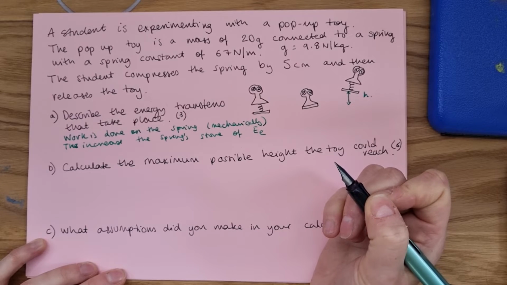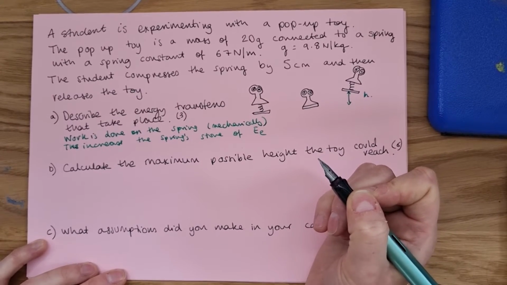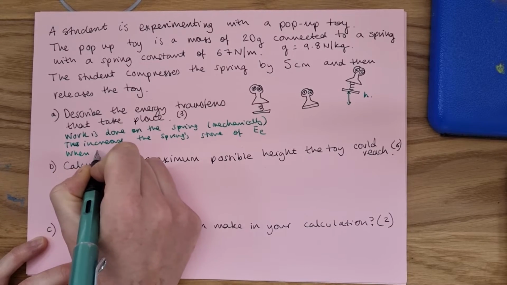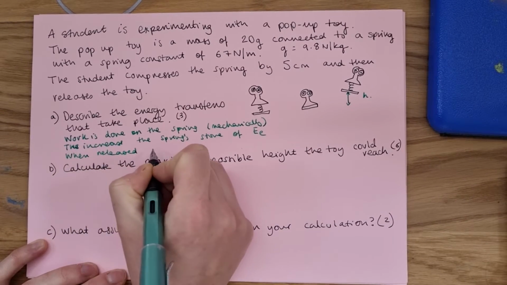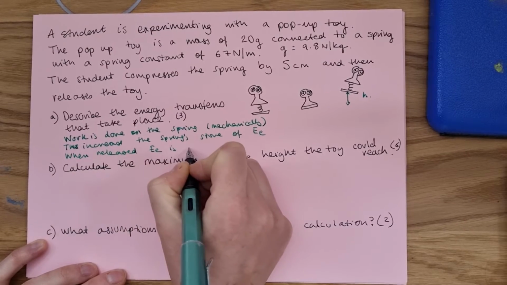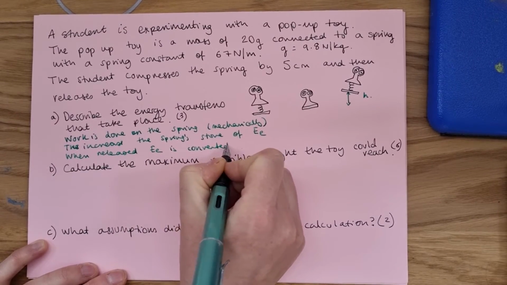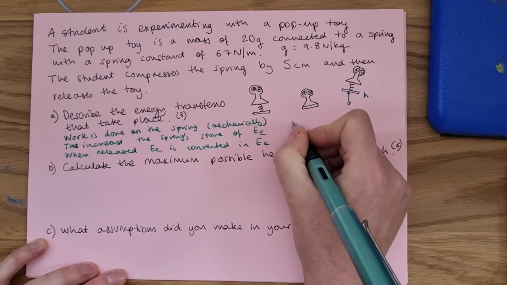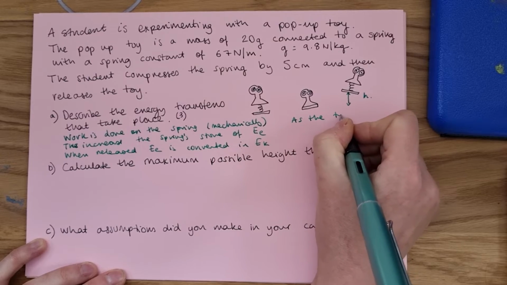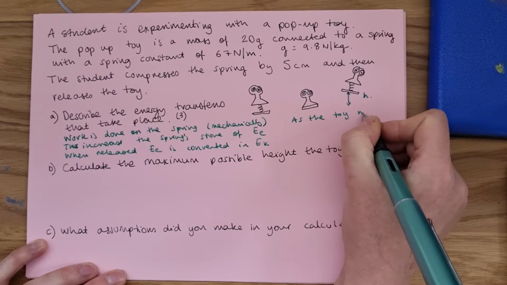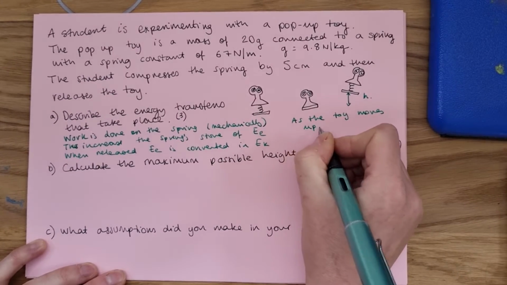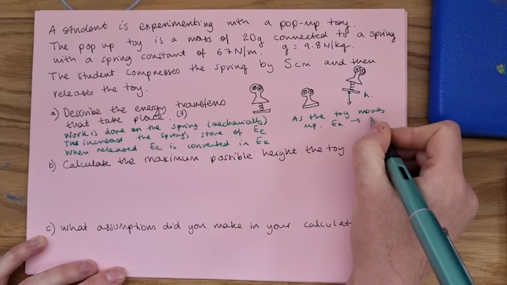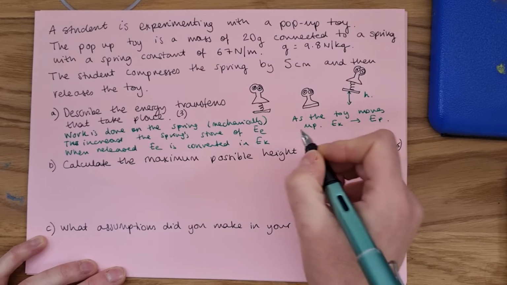I'd probably write it out in an exam. Elastic potential energy. This EE, so when the spring is released, the elastic potential energy is converted into kinetic energy, or EK, and then as the toy moves up, the kinetic energy is converted into gravitational potential energy, right?